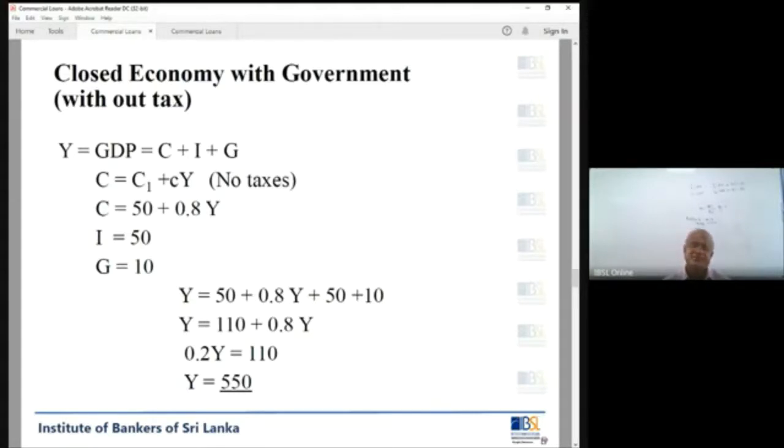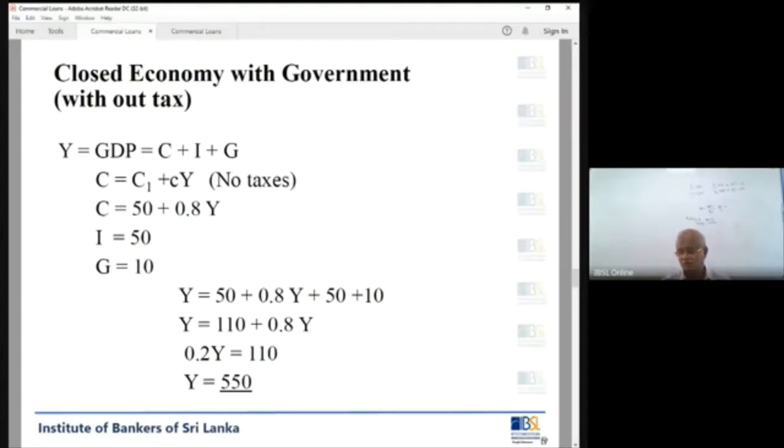If you take the 0.8Y to the left hand side of the equation, Y minus 0.8Y is 0.2Y, equals 110. Then Y equals 550. The three sector model: households, government, firms. Government is now also an economic player. They demand goods and services worth 10 billion. As a result, GDP has increased by 50.